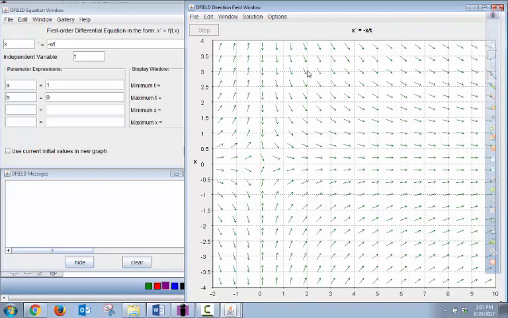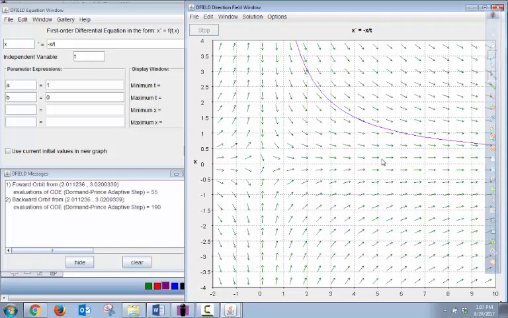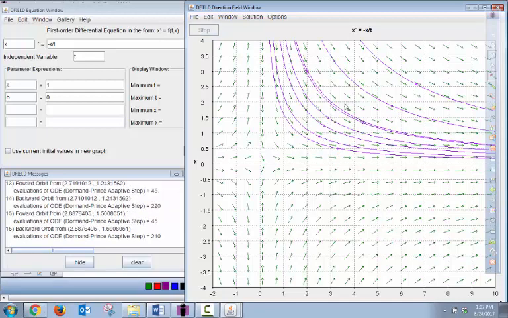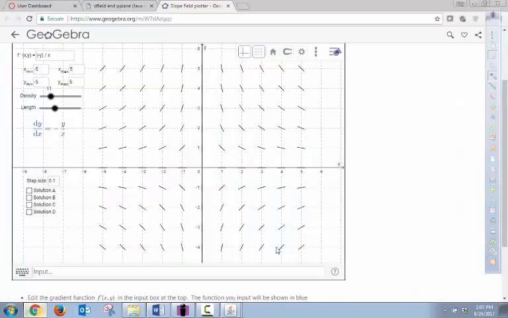If I click on this, then I'm going to get my solution curve, my particular solution for that differential equation. Actually, you can click anywhere you want, and you get a whole bunch of curves, a family of curves for this, right? But the particular one that we saw passes through the point 2, 3. I can do that with the other program as well.